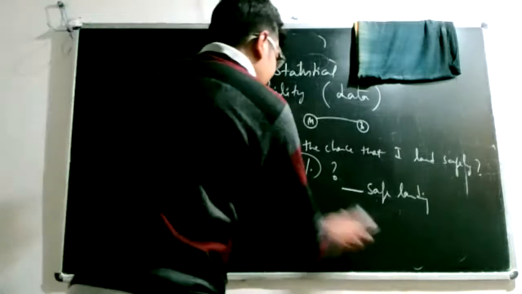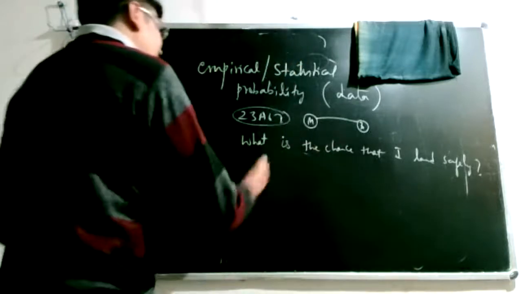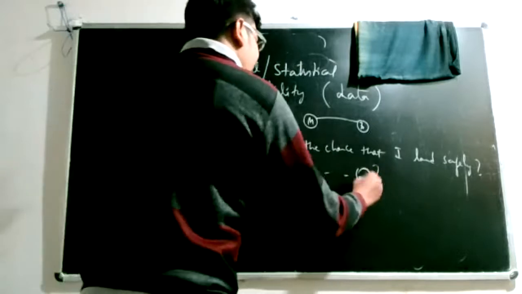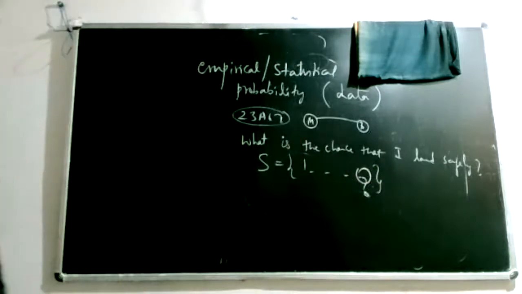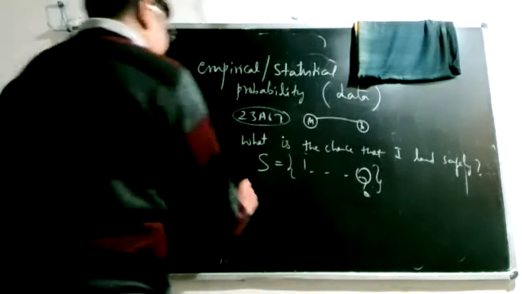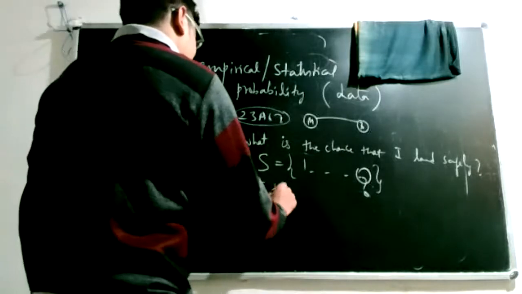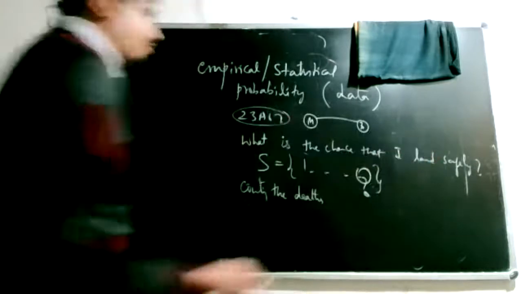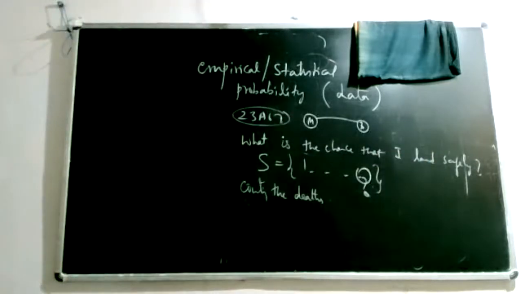This is case one. Case two, you're talking about an infinite sample space. You cannot say what exactly is the end there. Say, for example, if you're counting the deaths because of COVID, it's going on, that's crossed almost 3 lakhs, 5 lakhs, and so on.